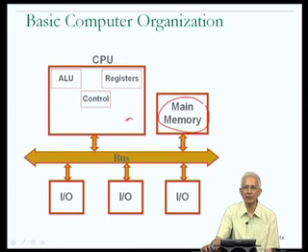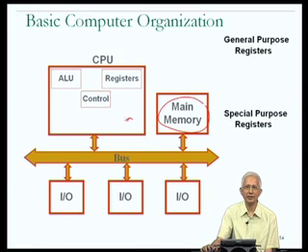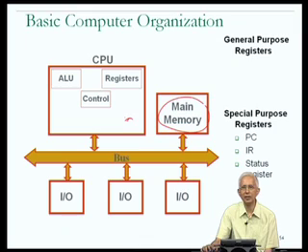Let me just quickly recap about the registers. Remember, there are general purpose registers and there are special purpose registers. Examples of the special purpose registers that we saw are the PC, the program counter, the IR, the instruction register, and the status register. The PC gives you the indication of from where in main memory the instruction which is currently being executed inside the processor came from.